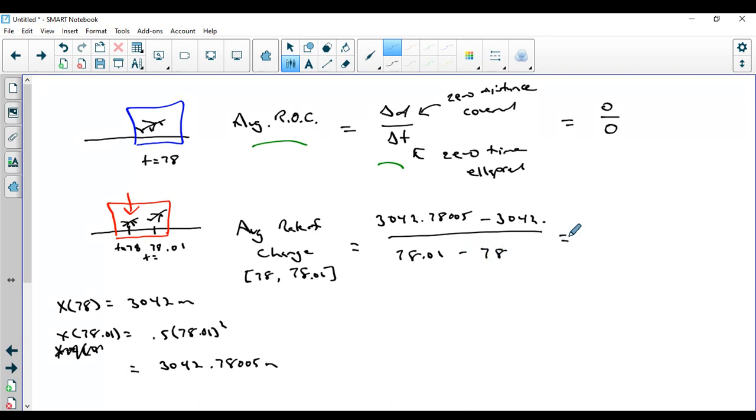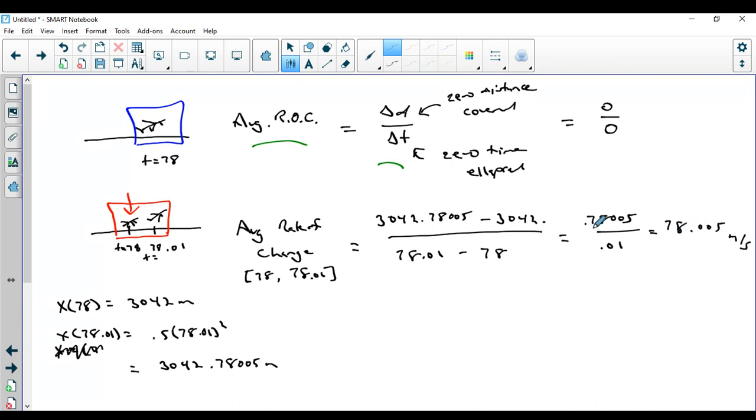And when you crunch these numbers, it's actually pretty easy, you could probably do it without a calculator. 0.78005, that's an easy subtraction, and then 0.01, just moving decimals. You're going to get 78.005. Again, don't forget, this is meters, this is seconds, meters per second.